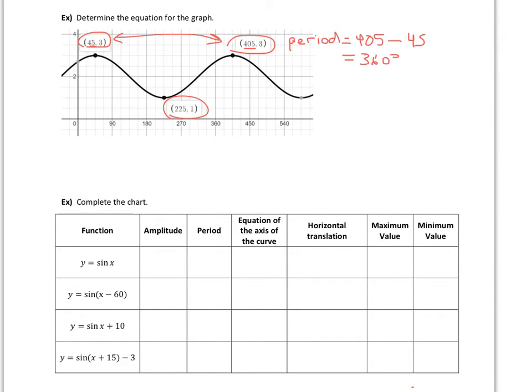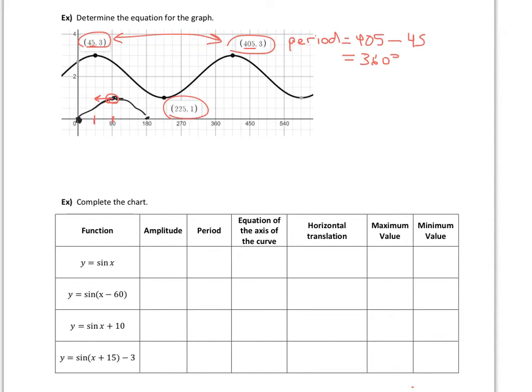Now, normally, my sine curve would start here at 0, 0. At 90 degrees, it would have a max of 1, so heads up. And then at 180, it would be back on the axis of the curve, and so on. So let's see what's happened here. I have a max right here normally, and now my max seems to have shifted to the left, and let's just check the scale.